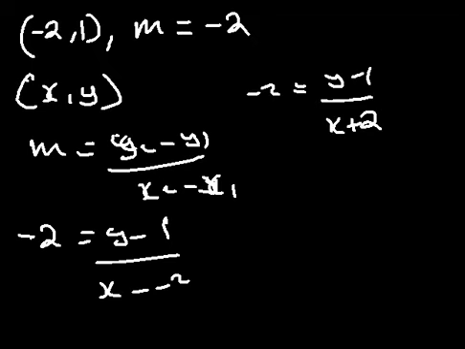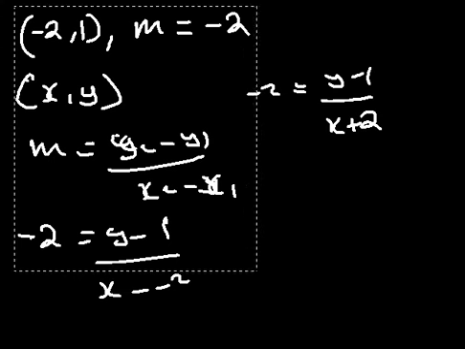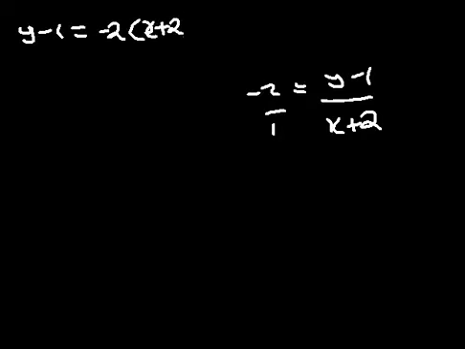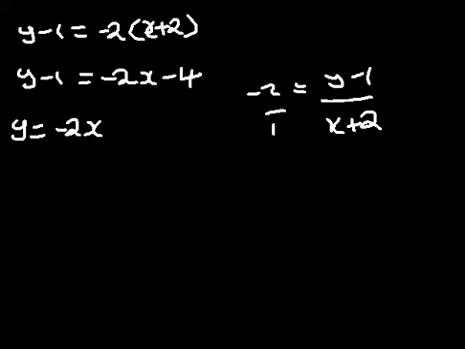Now let's make y the subject of the formula. In that case we cross multiply. Now we have y - 1 = -2 times (x + 2). So y - 1 = -2x - 4. Then y = -2x - 4 + 1, which gives y = -2x - 3.